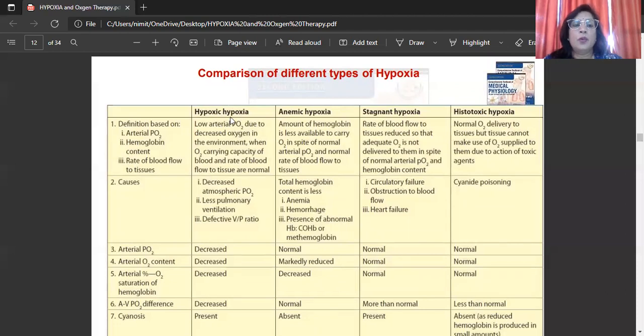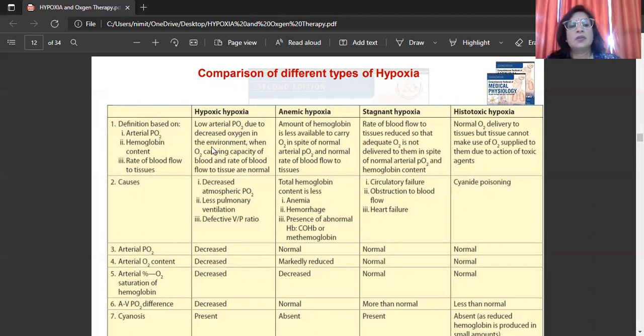So, in the case of hypoxic hypoxia, there is low arterial PO2 due to decreased oxygen in the environment, and the oxygen carrying capacity of blood and rate of blood flow to the tissues are normal.